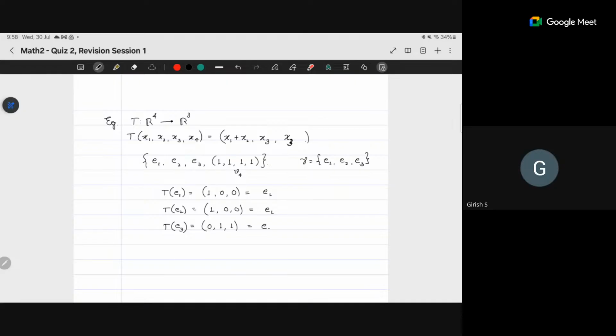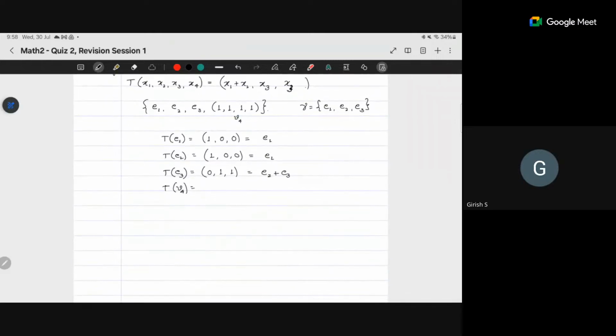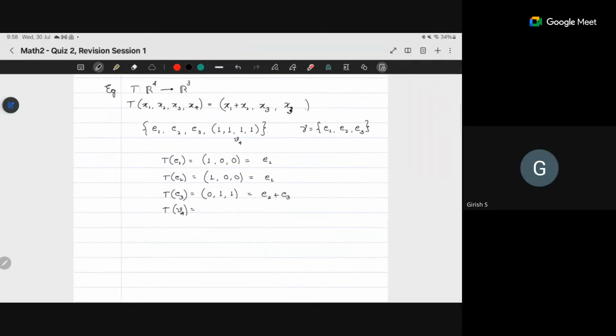So this is E2 plus E3 in the codomain. And T of the fourth vector, you see it's V4, is 2 1 1. And then I can just write it as 2 E1 plus E2 plus E3.